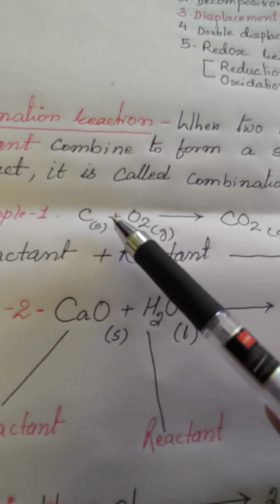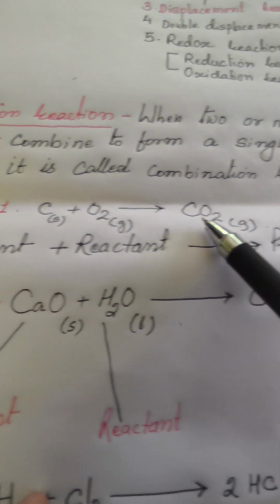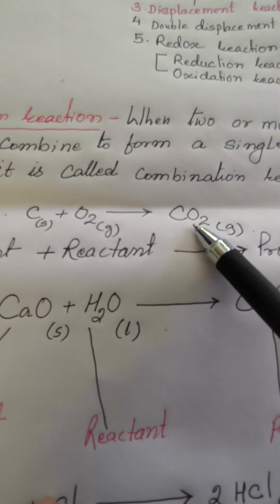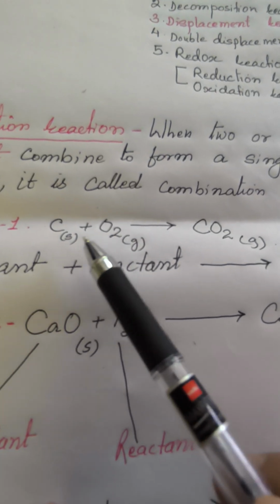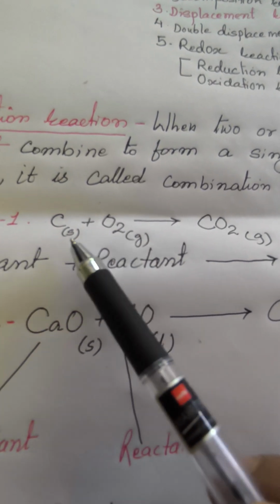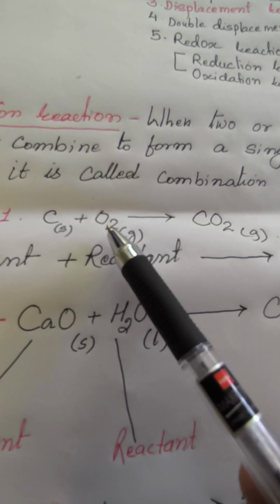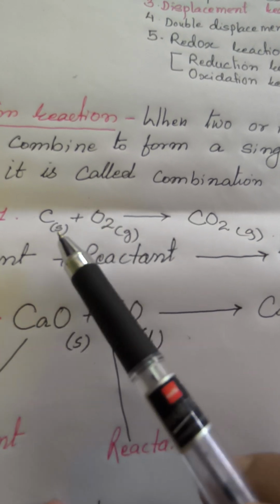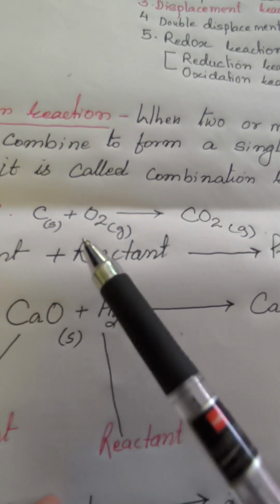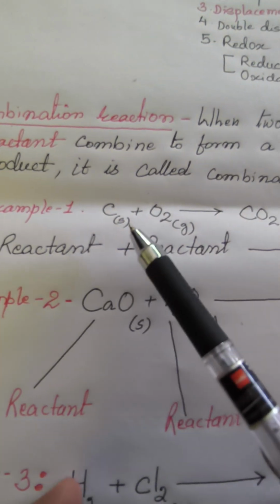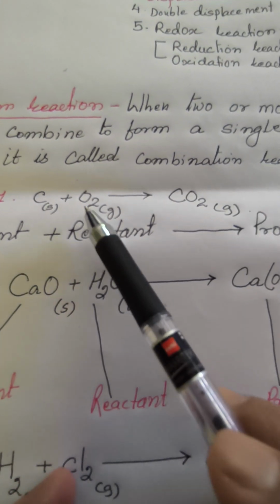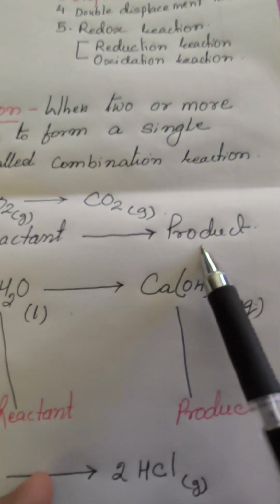That means C plus O2 gives CO2. The left hand side components are called the reactants, and the reactants combine to form the product always.